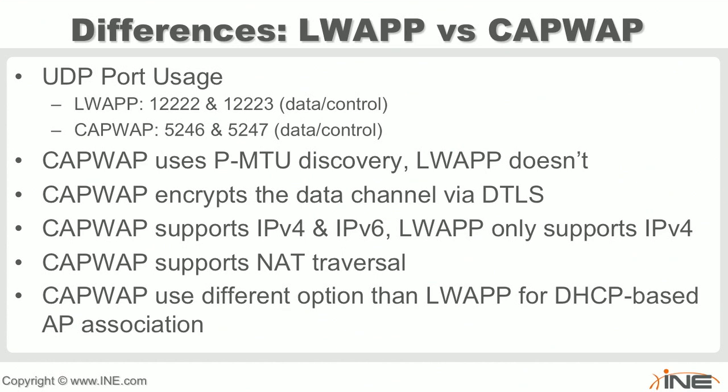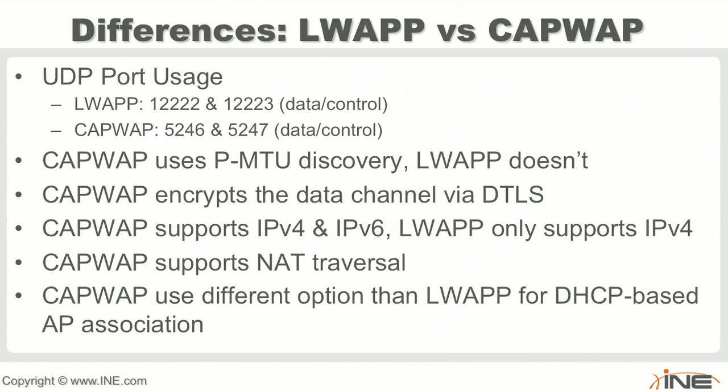LWAP uses 12222 and 12223, where 12222 is the data channel and 12223 is the control channel, sort of like FTP uses a data channel and a control channel. CAPWAP uses UDP 5246 and 5247 for the same data and control respectively.